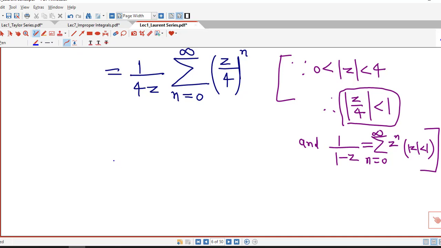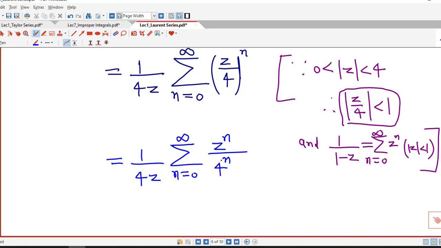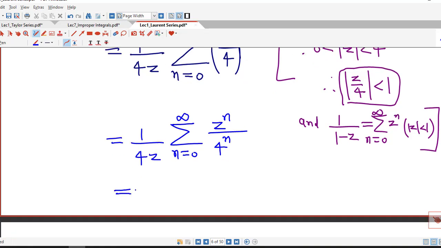Now we can rewrite this as 1 by 4z sigma n equal to 0 to infinity, z raised to n divided by 4 raised to n. And if we take this 1 by 4z inside the bracket, we have z raised to n divided by z, that is z raised to n minus 1, divided by 4 raised to n plus 1.